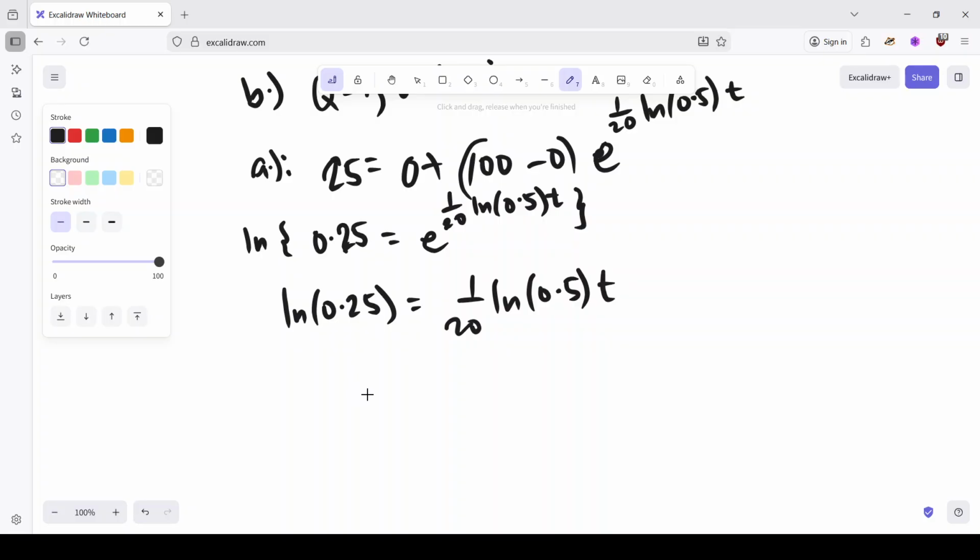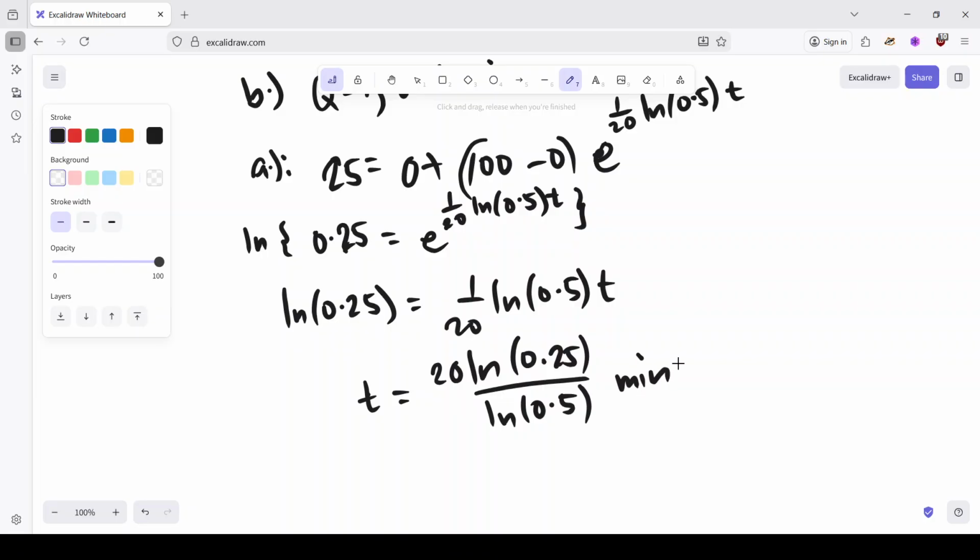So t now, by simplifying, is 20 ln 0.25 over ln of 0.5. The given is in minutes, right? So the time it will take for the object to cool down to 25 degrees Fahrenheit will be 20 ln of 0.25 over ln of 0.5 minutes.